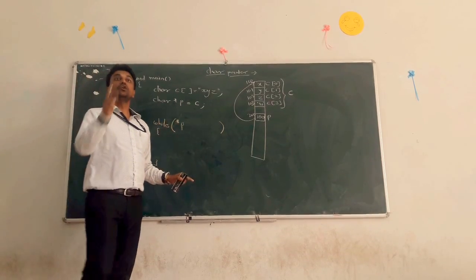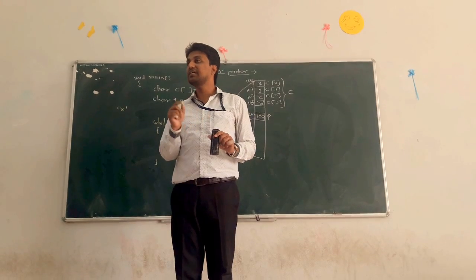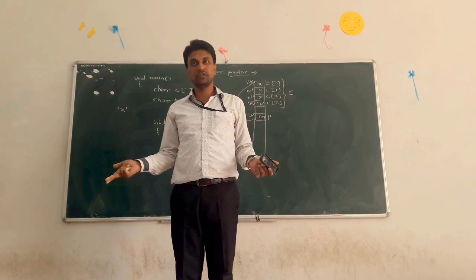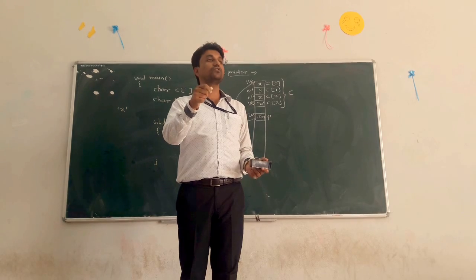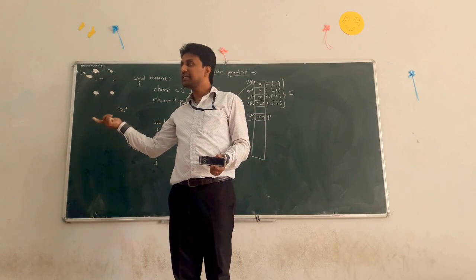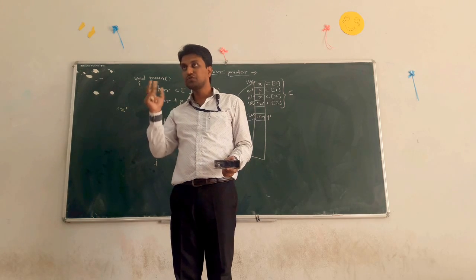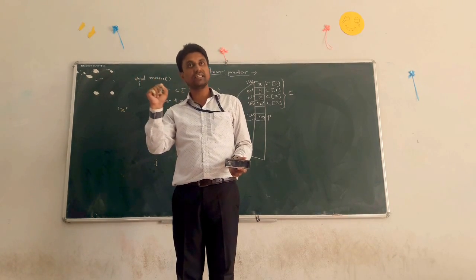Two characters are compared by using less than, equal to, or equal to equal to, because characters are nothing but ASCII values, and ASCII values are always integers. Clear? So two characters we can compare using equal to, less than and so on.